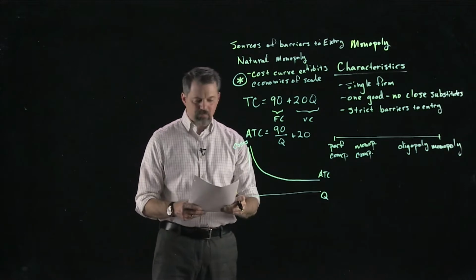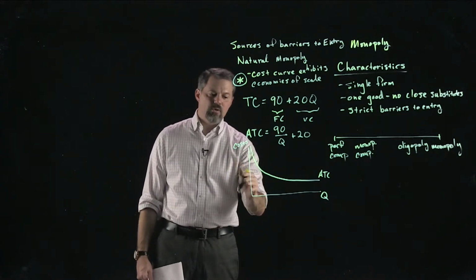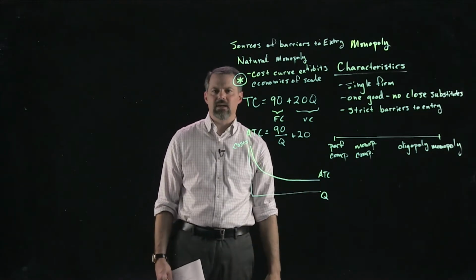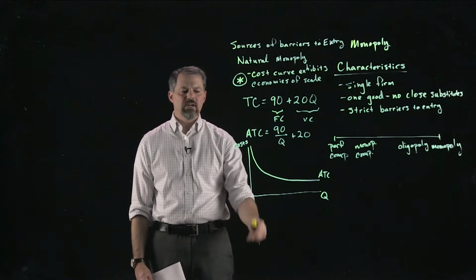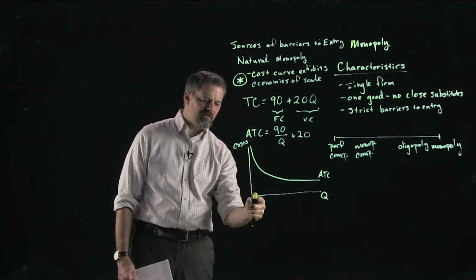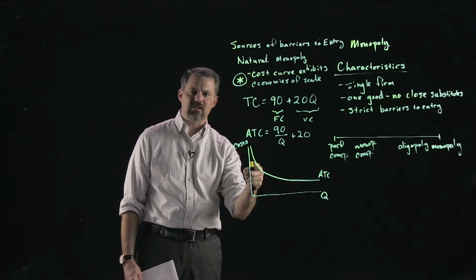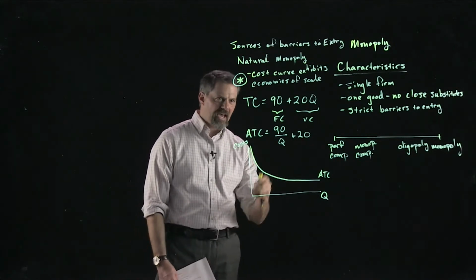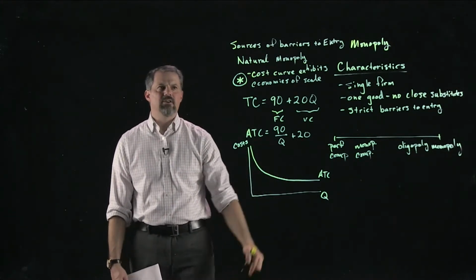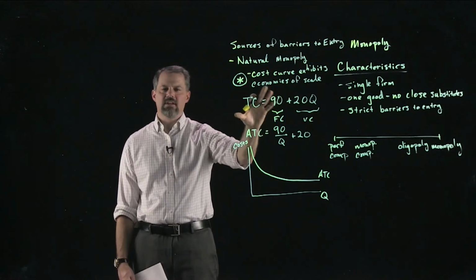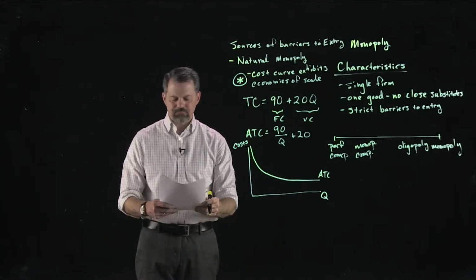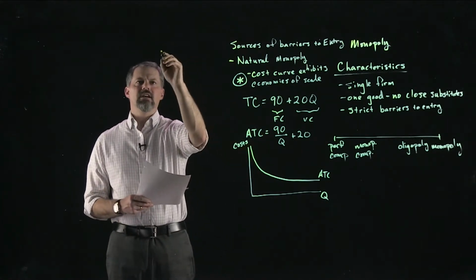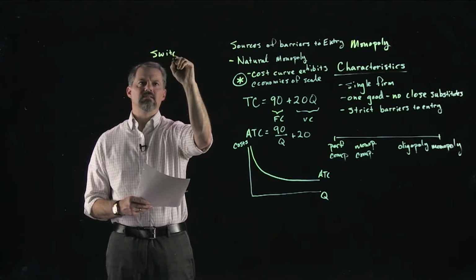Well, what this means is that there's going to be an incentive for firms to get bigger and bigger and bigger. So any small firm that tried to enter the market would have a very high cost on average. So that can be a very strong barrier to entry, is the shape of the average total cost curve. Another barrier to entry would be switching costs.